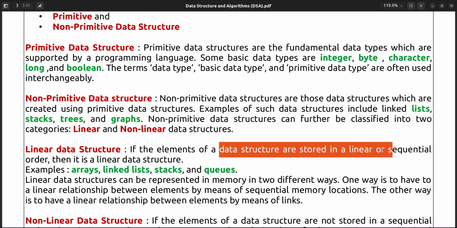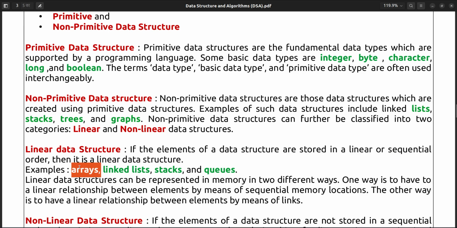The data elements stored in a sequential or linear order are called a linear data structure. The example of a linear structure is the array. What is an array? In an array we occupy some memory, and objects of the same type are stored one after another.